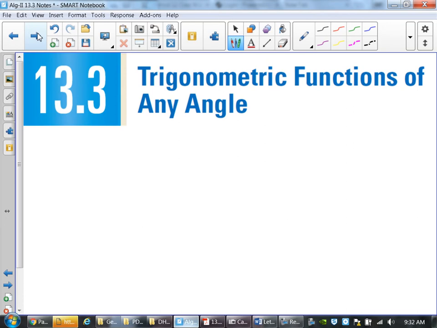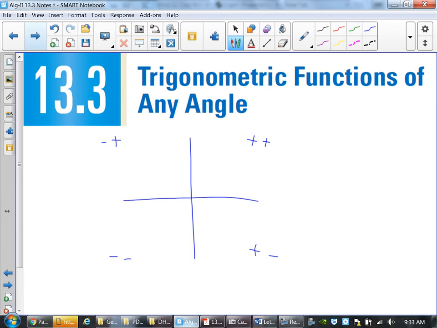Okay. So when you're dealing with trig functions, we already know that we have the 4 quadrants. We know that the signs are positive, positive; negative, positive; negative, negative; and positive, negative.